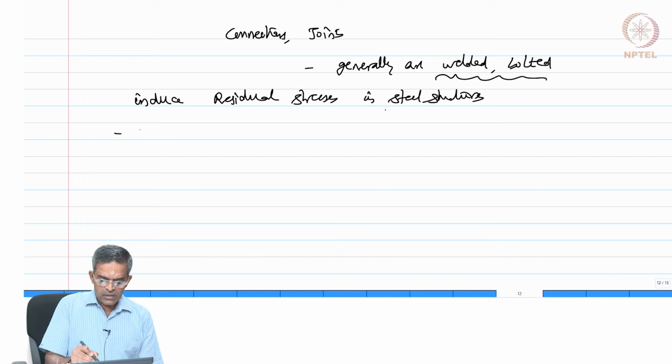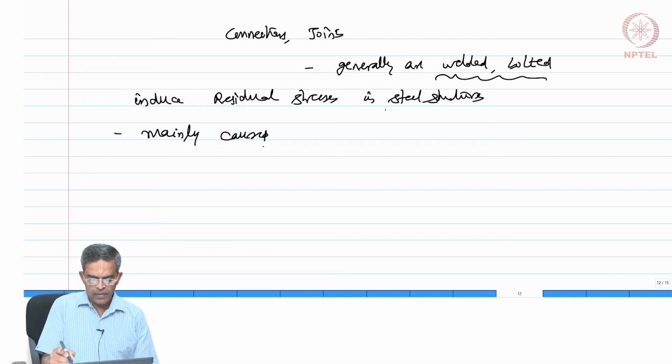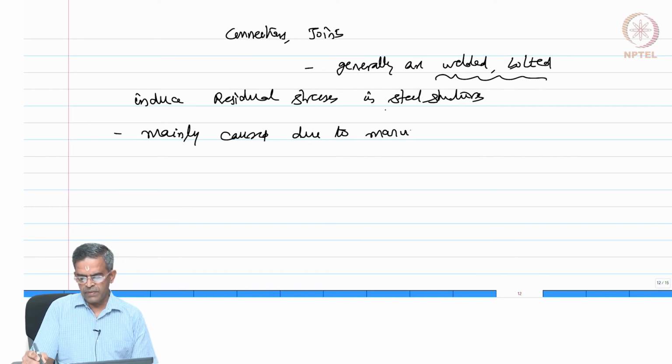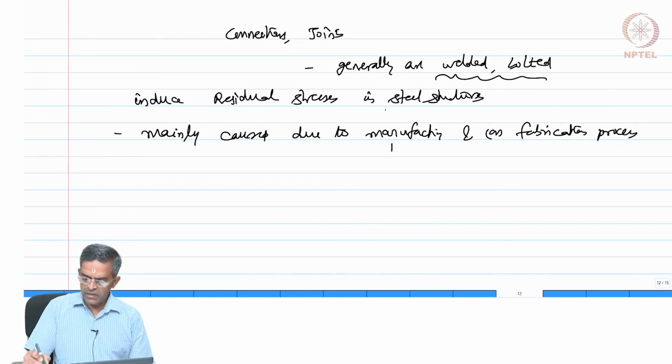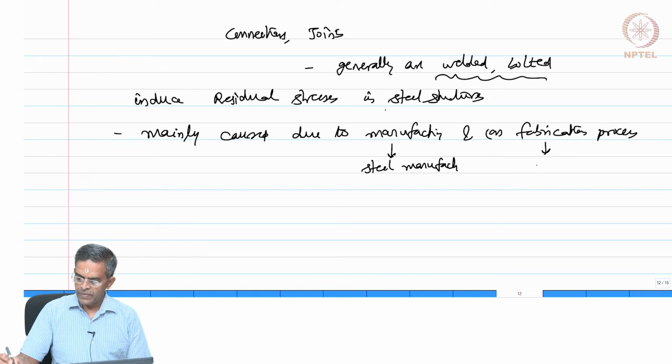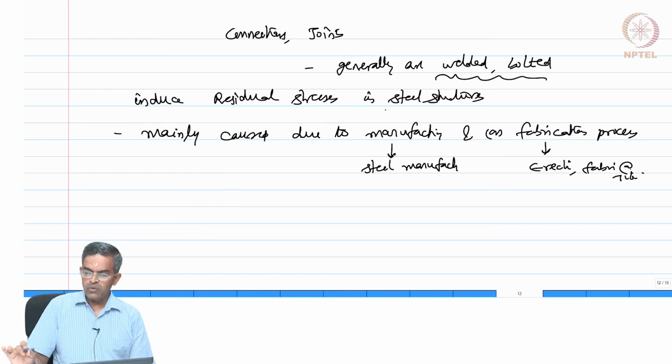So, residual stresses are generally caused due to manufacturing and or fabrication process. Manufacturing is during the steel manufacturing itself, okay. Fabrication is during erection, fabrication in the site, okay. They are two different things.